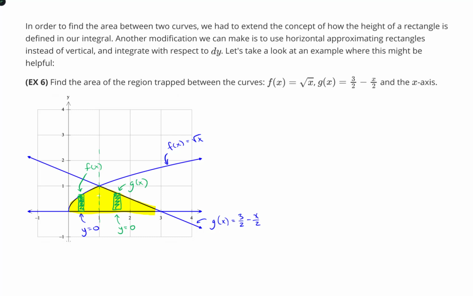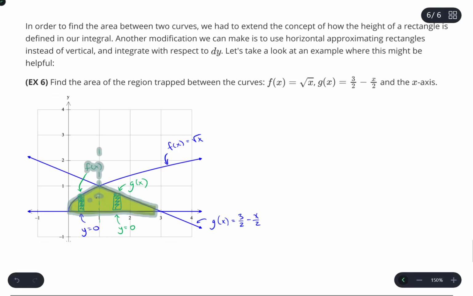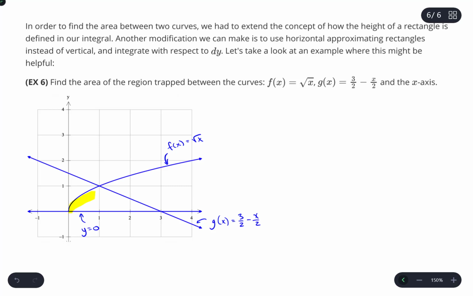What we do is, instead of trying to determine the area using vertical rectangles, we instead try and come up with the area using horizontal ones. And here's the advantage. When I use a horizontal rectangle, the top of the rectangle is kind of over here.